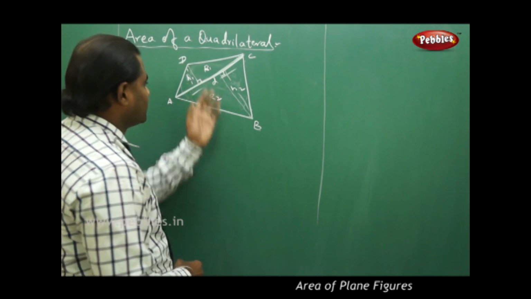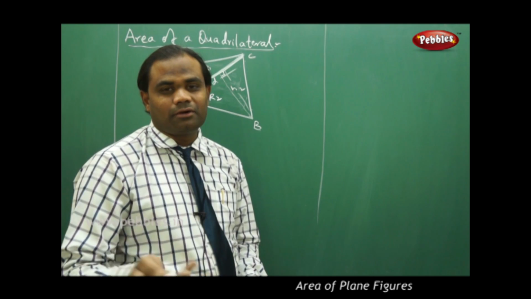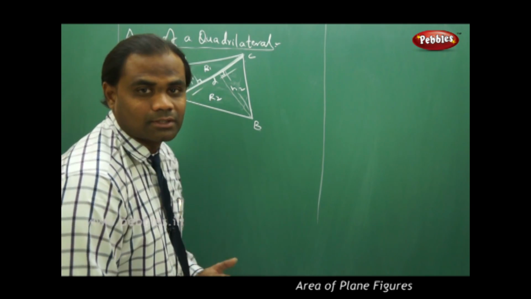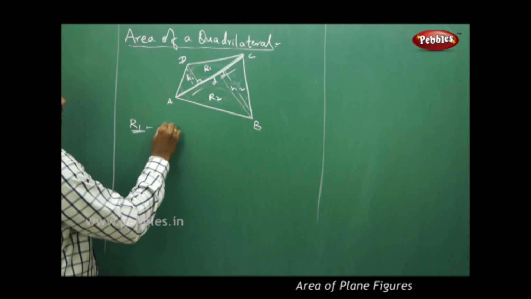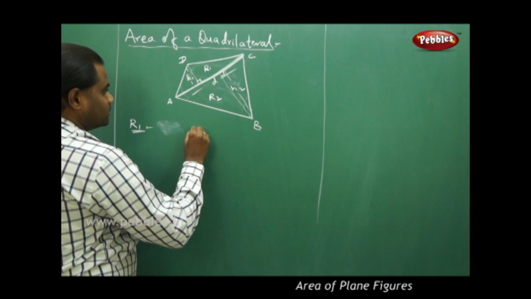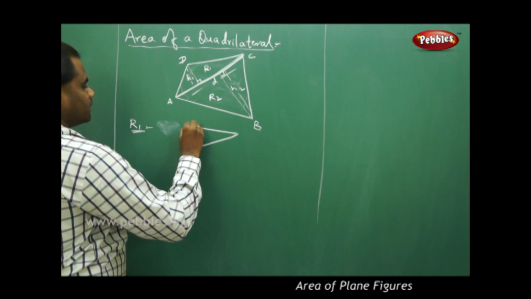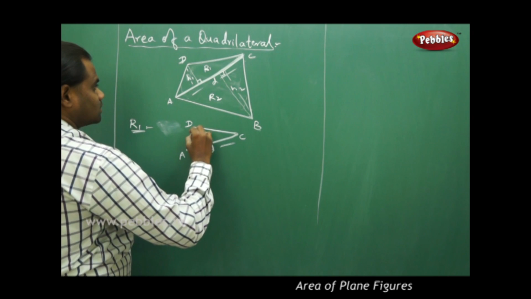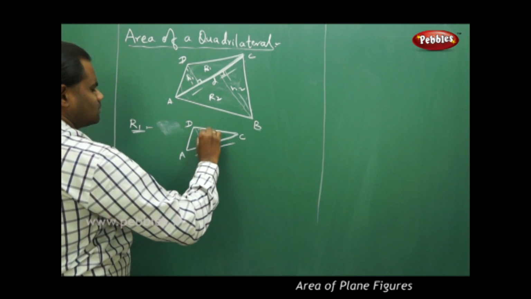Now let me find the area of the region R1, which is nothing but a triangle. We know that the area of a triangle is half into base into height. So let's take each of the regions, starting with R1. I find region R1 to be a triangle where the vertices are D, A, C, my diagonal is D and my height is H1.